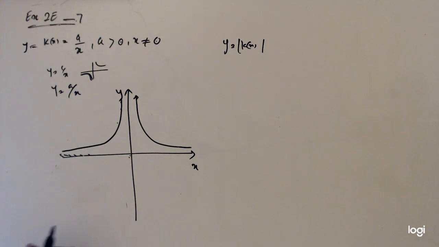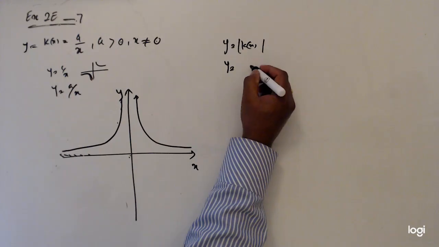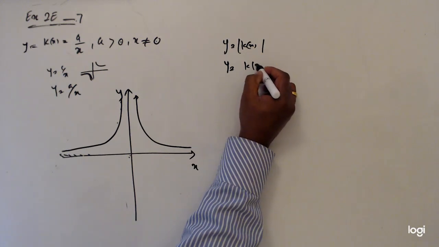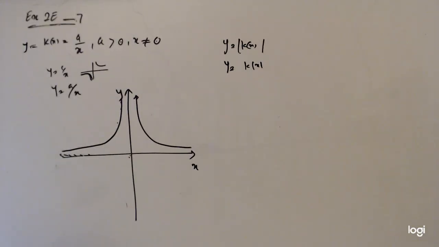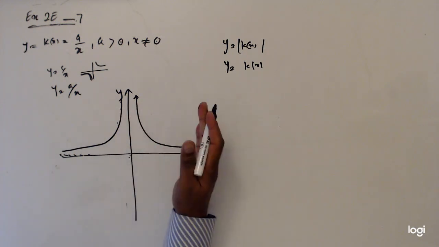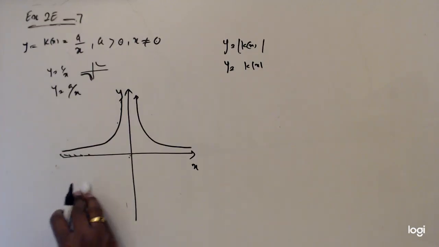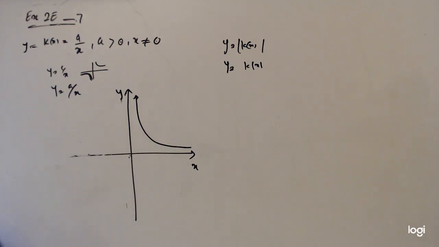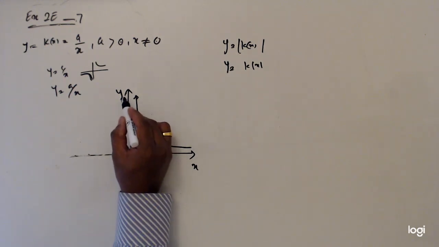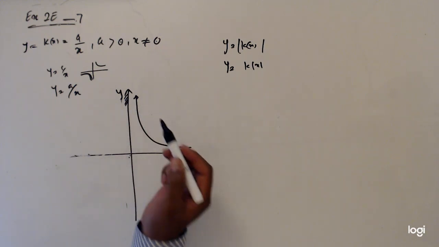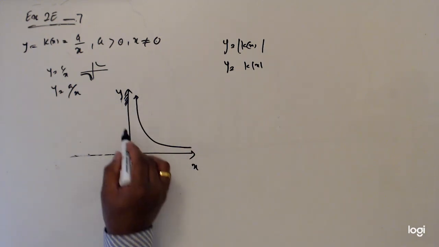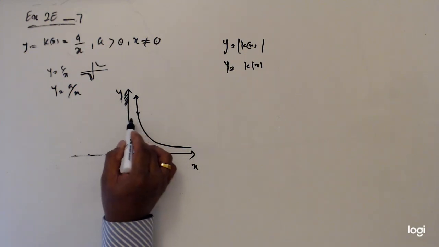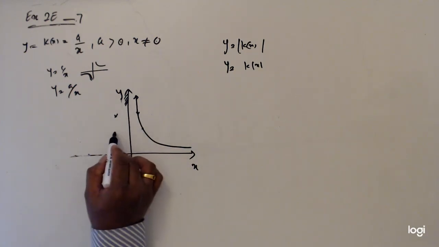Now we want to draw y equal k mod x. Then we need only positive x values, so we don't need this one first initially. And then what we need to do, we want to bring a mirror and leave on y-axis, and we want to get the mirror reflection. So mirror reflection of this one is, let's say, this point, and it is here, this point here.